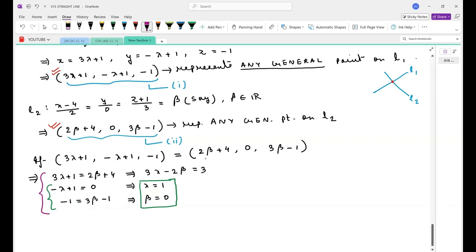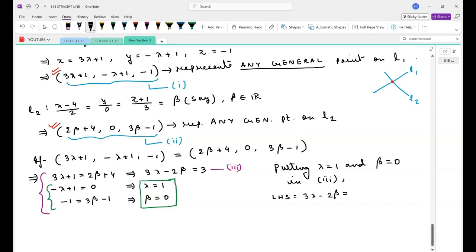Now from here, suppose I name it number 3. So here we write that putting lambda equal to 1 and beta equal to 0 in 3, let us see whether it satisfies 3 or not. LHS equal to 3 lambda minus 2 beta.